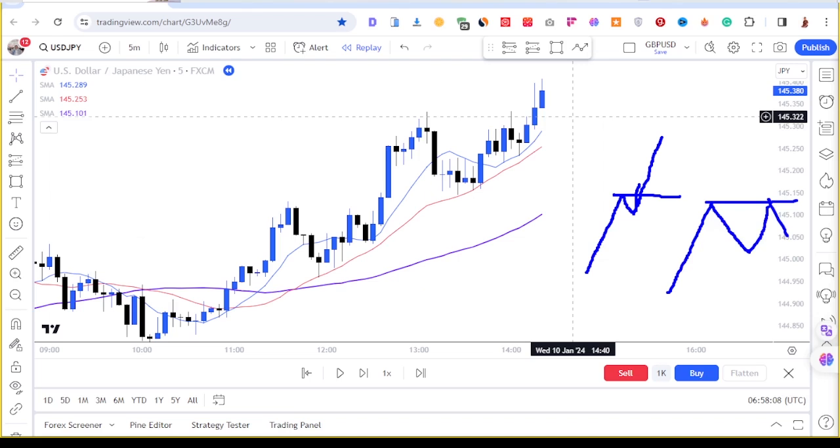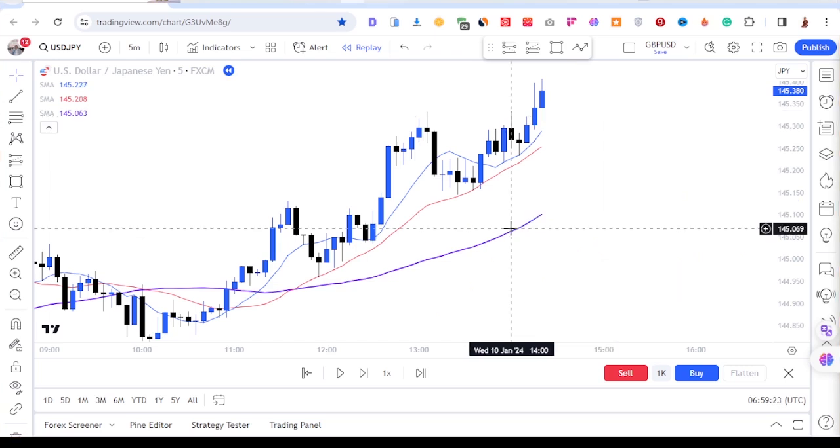And if it is a deep pullback, if the market makes a very huge pullback here, we wait for the market to go to the upside, and then wait for it to break again to the downside, because it will likely not touch the previous zone here. There are different things you can do depending on how you understand these pullbacks. But today I'm going to show you a strategy and how you can use these moving averages to identify what I'm talking about.